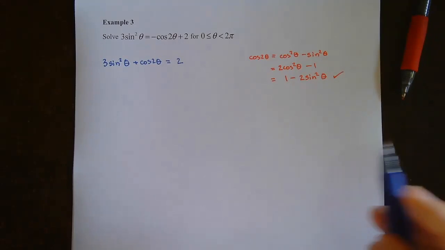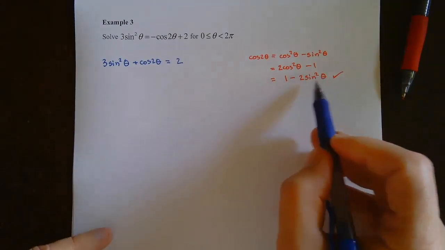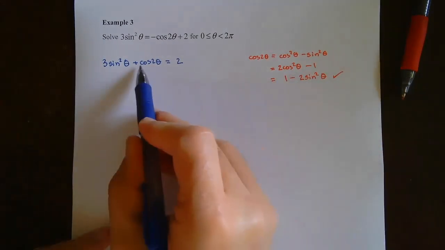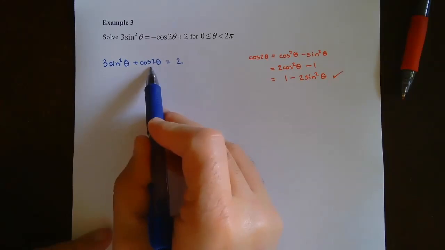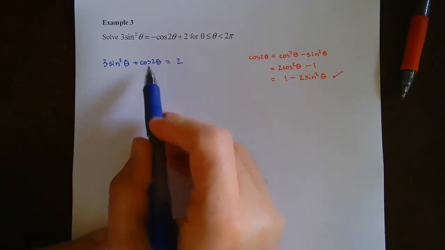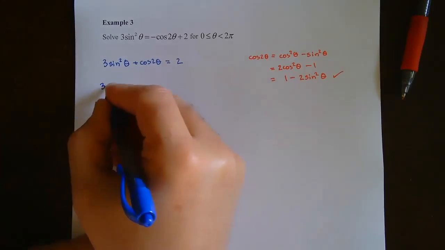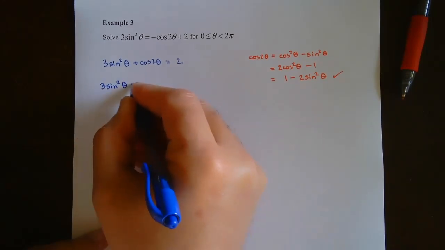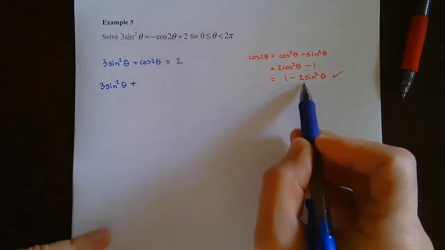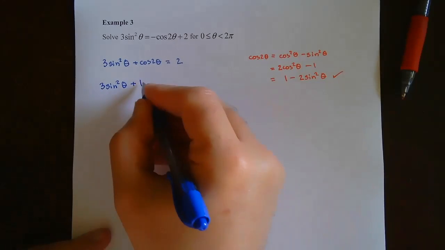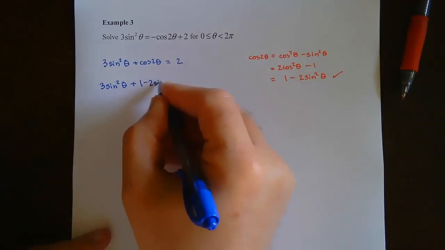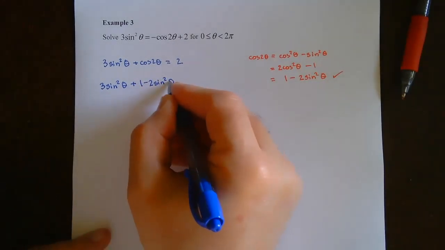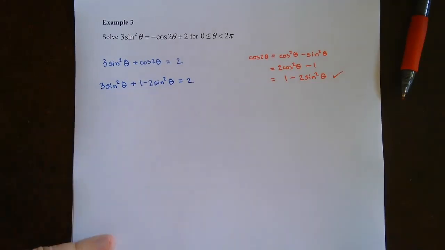Okay. All right. So we're going to take this. This is the same as cosine 2 theta. So we're going to replace this right here with 1 minus 2 sine squared theta. Okay. So we have 3 sine squared theta and then plus 1 minus 2 sine squared theta. And we know that equals 2.